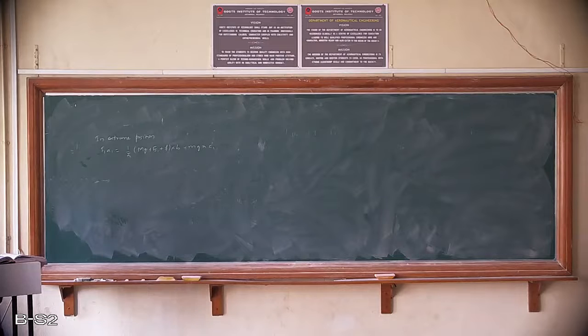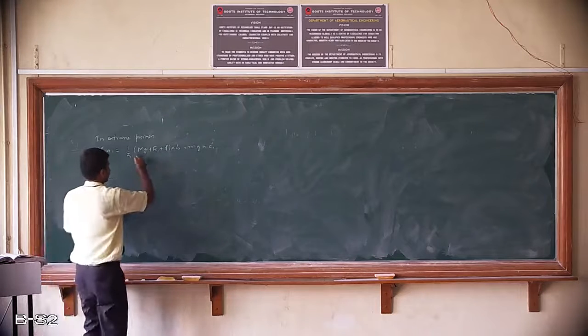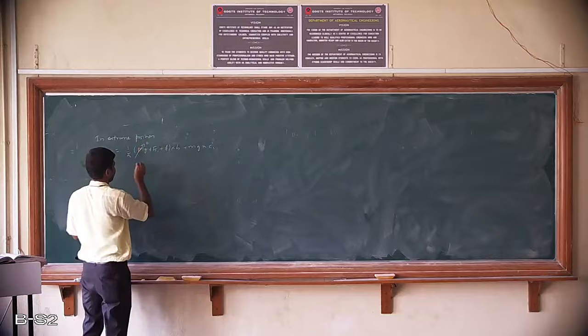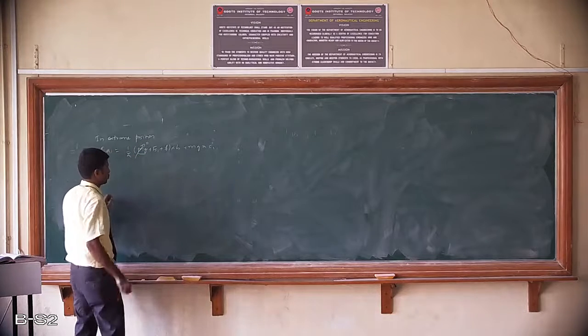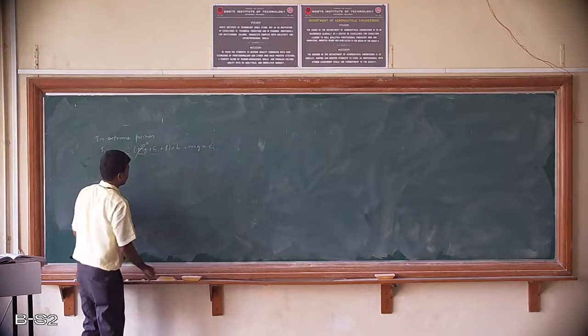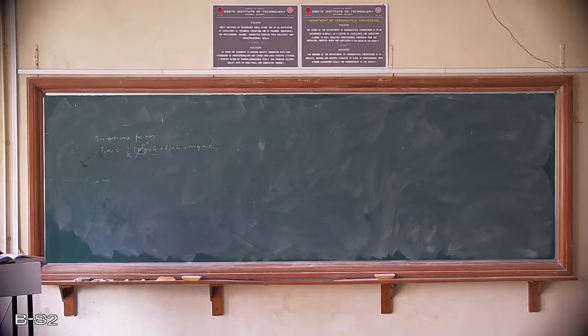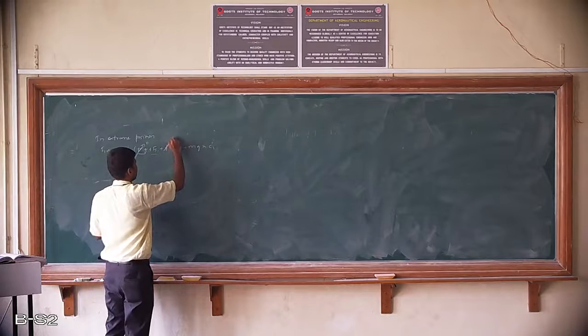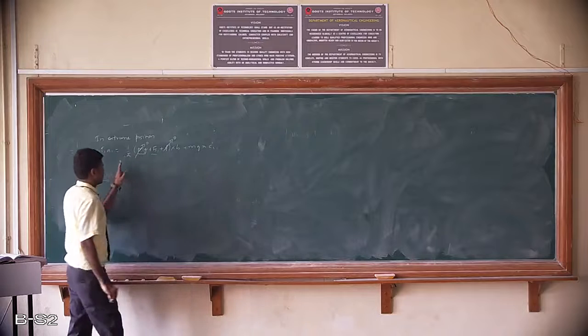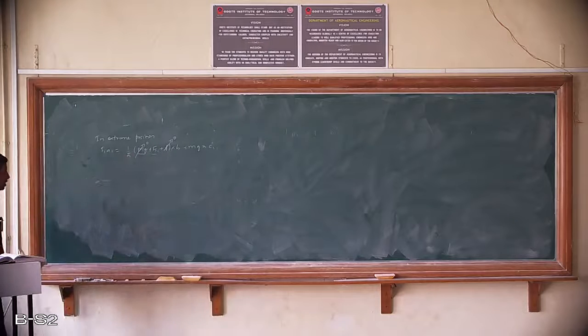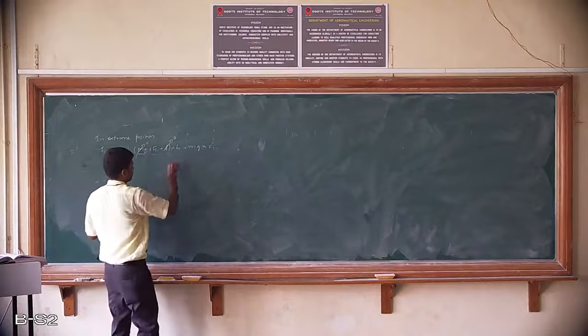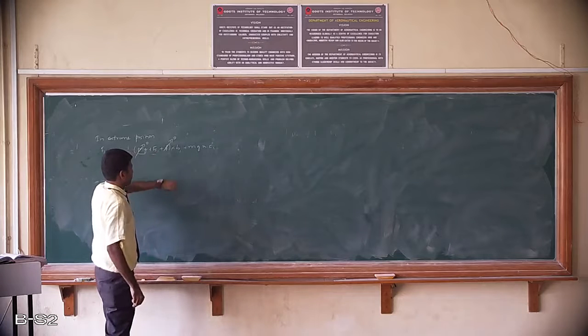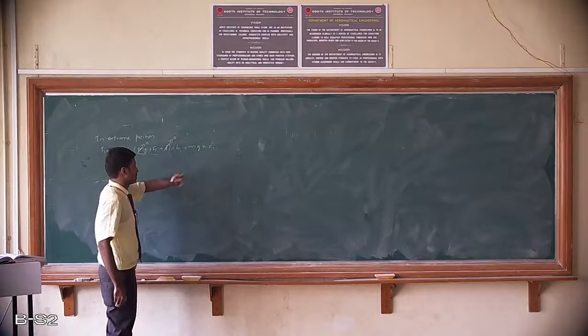M is nothing but the mass of the sleeve. In this case the value of the mass of the sleeve is not given, so I will take it as 0. If not given, then I will take it as 0, then this term becomes 0. Fs1 we need to calculate. What about the force of friction? The force of friction is also not mentioned in the problem statement, so take it as 0. The remaining term is only Fs1 divided by 2 into B1 plus M, G is known, C1 is known.